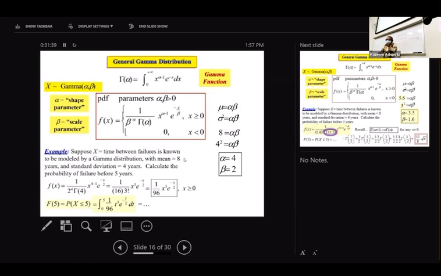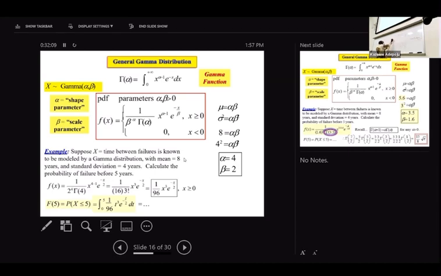Automatically, I'm going to have my results. You don't need to use a formula, because that is going to waste your time. If you want to go manually, this is what you're going to do: f of x equals beta to the power alpha over gamma of alpha, x raised to the power alpha minus 1, exponential of minus beta x.